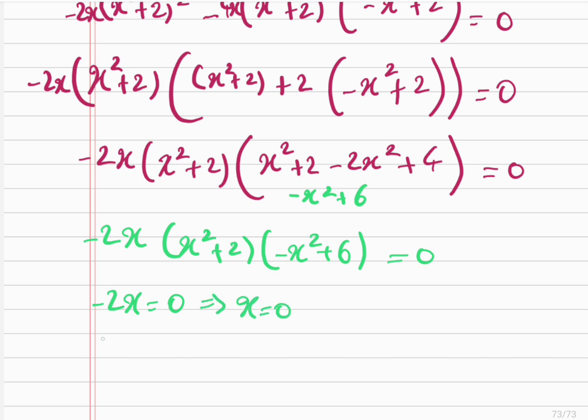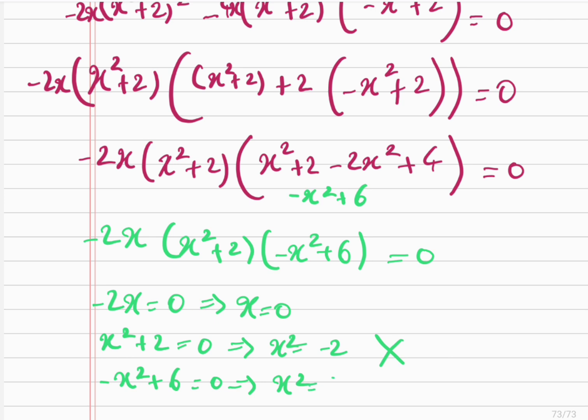The next solution is x squared plus 2 is equal to 0, but obviously this doesn't have a real root, because x squared can't be equal to minus 2, so this basically doesn't have any solutions. And finally, we have minus x squared plus 6 is equal to 0, which means x squared is equal to 6, and x is equal to plus or minus the square root of 6. So we found 3 different values for x.